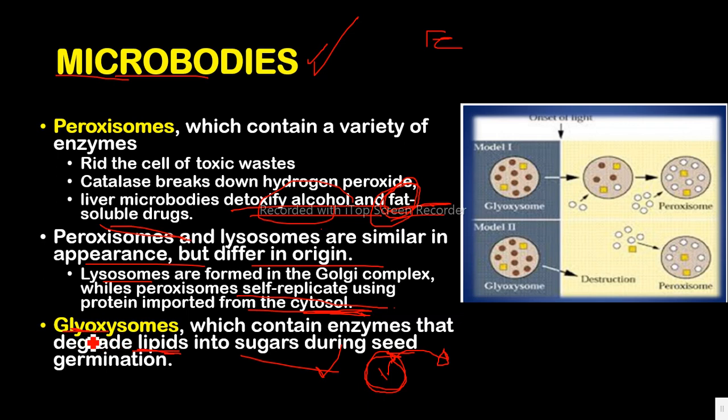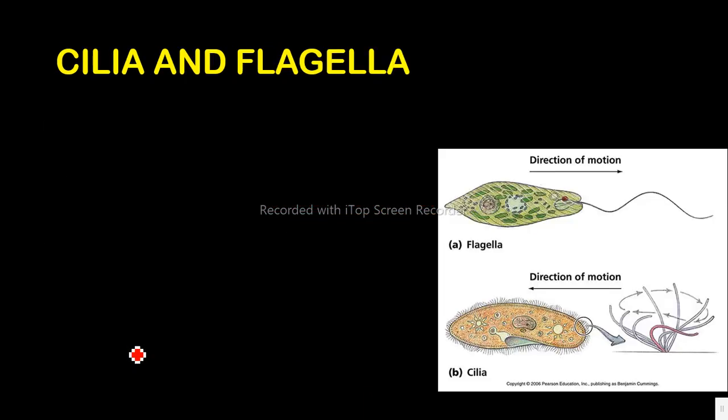Okay, we can say they are not found in human cells. However, they are identical, everything is the same, just the difference is nomenclature. Good. Any question as far as the microbodies are concerned?